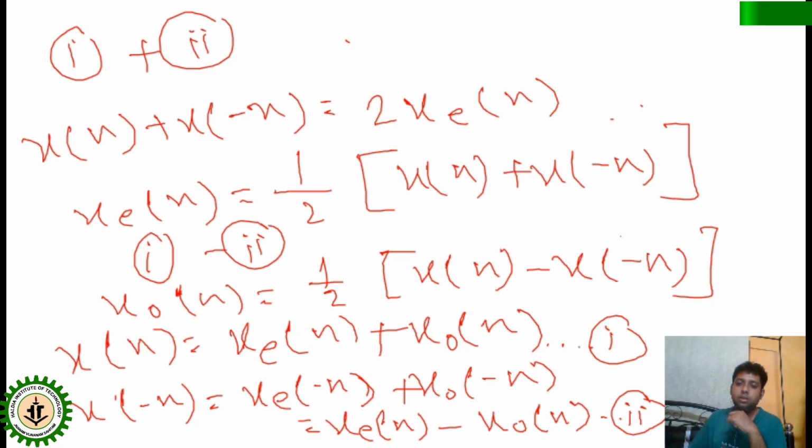There are also random signals, meaning signals whose value you cannot define or predict. Noise is one type of random signal.